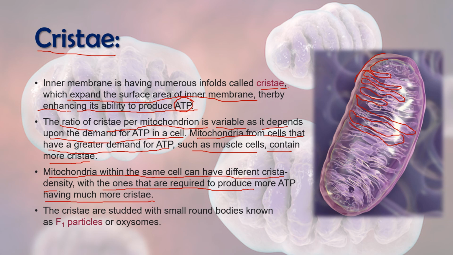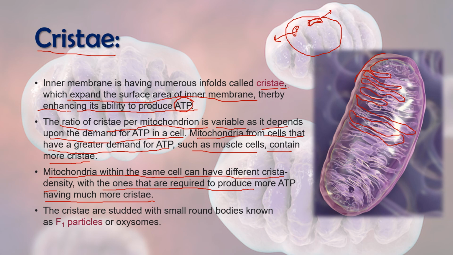So it is not only the case for different types of cells. In a single cell, if there are two mitochondria, or many more, but here we are taking an example of two, and this mitochondrion is responsible for forming more ATP, then the number of cristae inside this one is much higher as compared to that one.